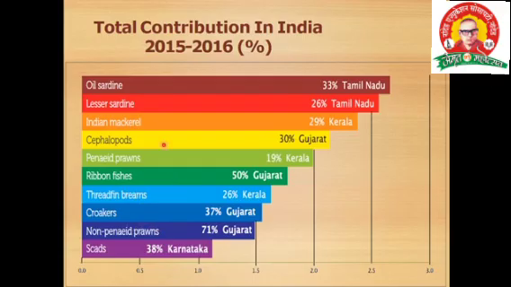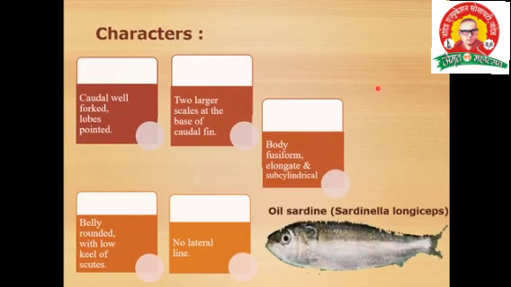But oil sardine is the highest, at 33% of the contribution in India. It is very important, and it is distributed not only in India but also in the Philippines, Sri Lanka, Malaysia, Indonesia, Vietnam, and other countries.